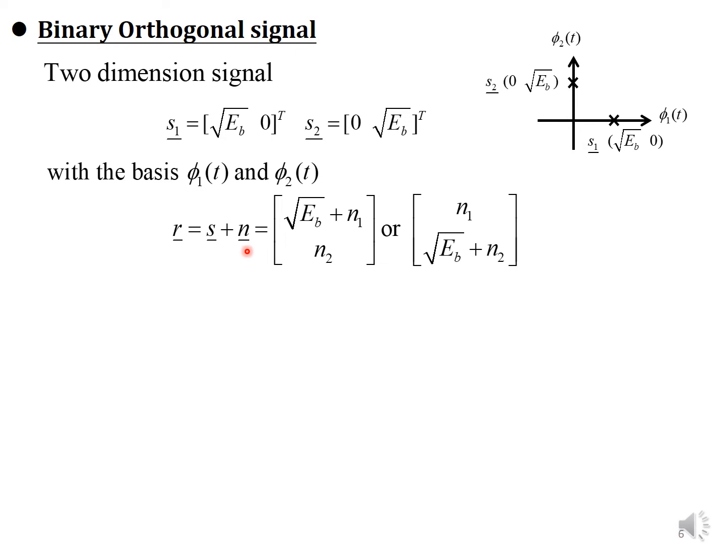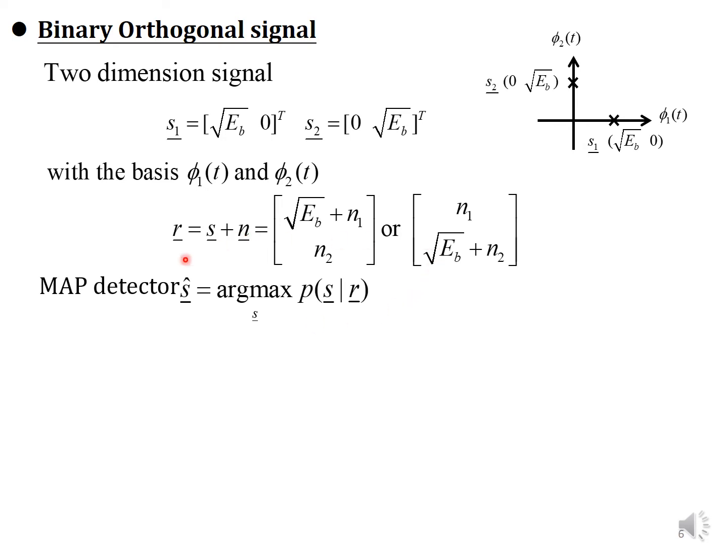The noise vector would be N1 on basis 1 and N2 on basis 2. If S is S1, then we have the source energy on phi 1. If S2 is sent, then we have the energy on phi 2, plus noise N1 and N2.